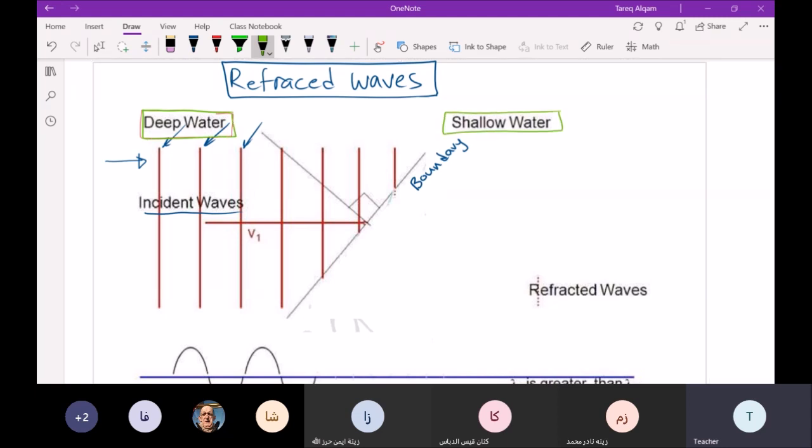In shallow water, guys, the water waves move slowly.